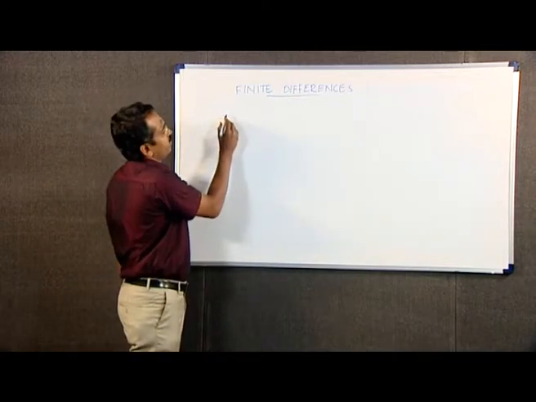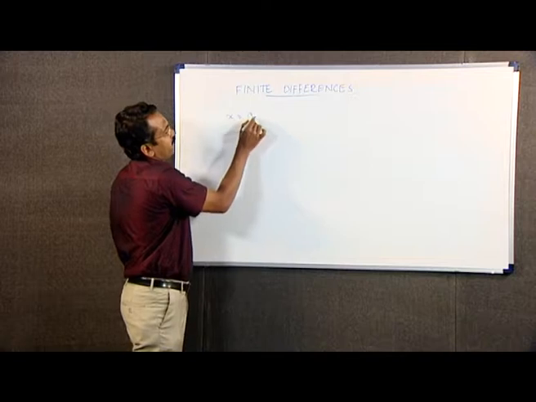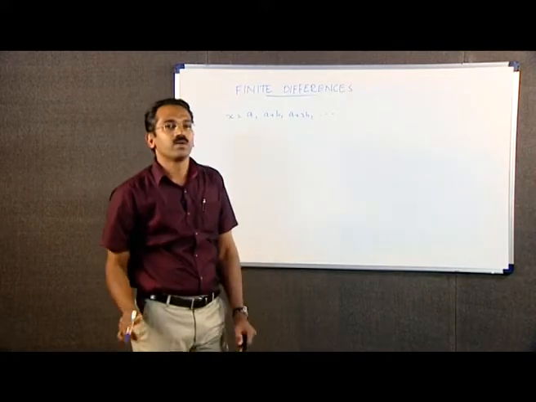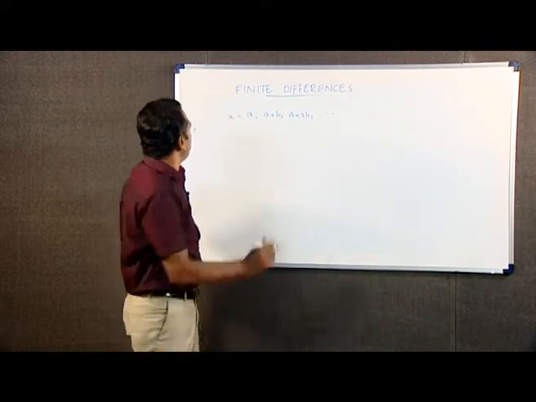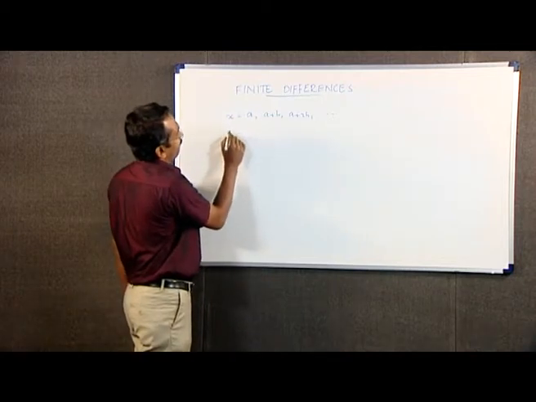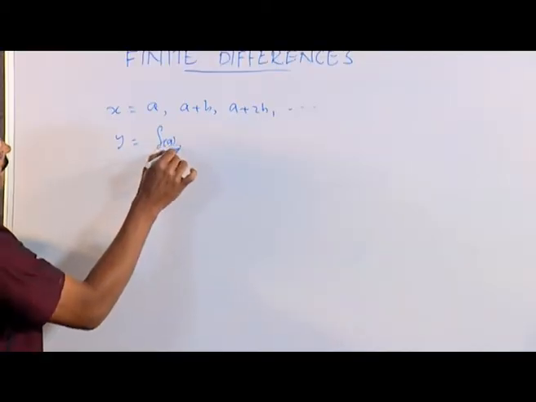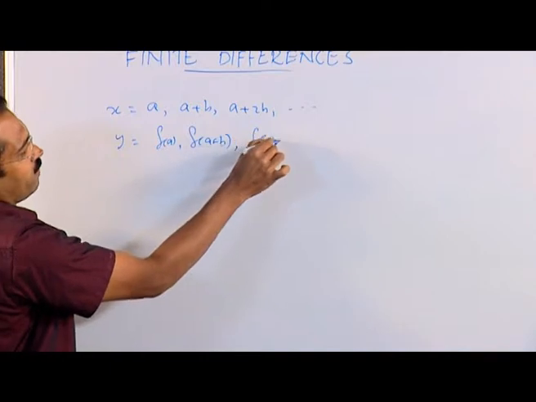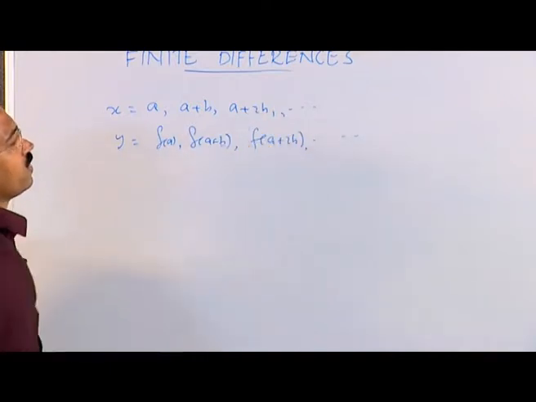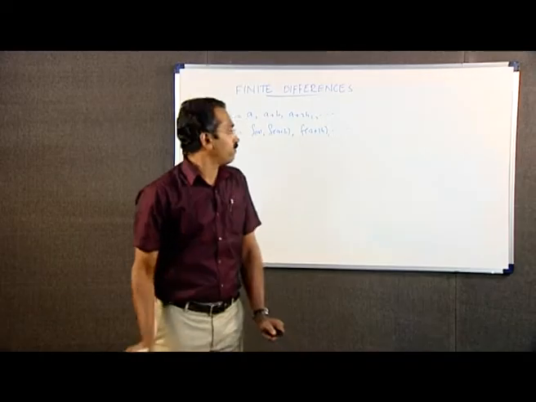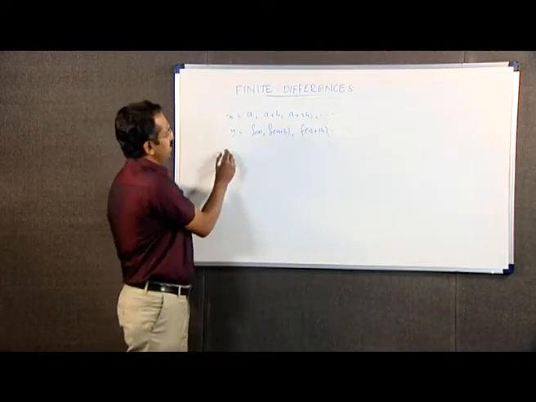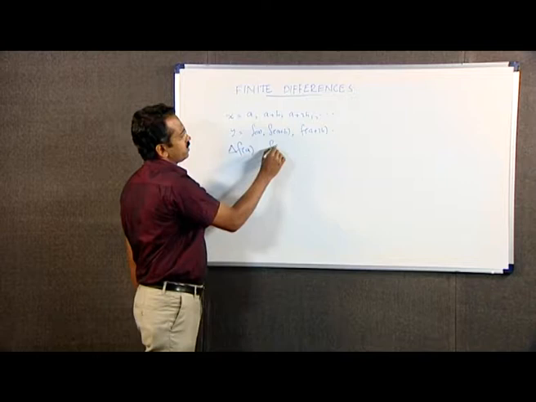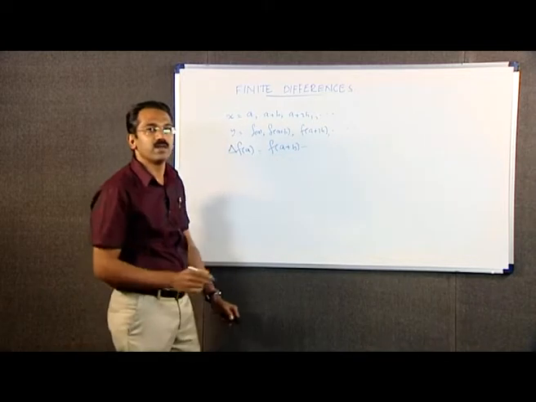That is, if the values of x are a plus h, a plus 2h, etc., and the corresponding values of y are f of a, f of a plus h, f of a plus 2h, etc., then we can define the first difference as delta f of a as f of a plus h minus f of a.